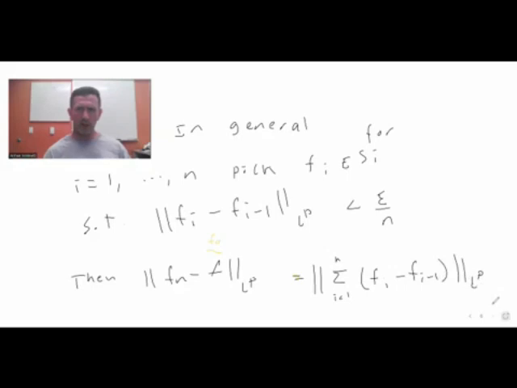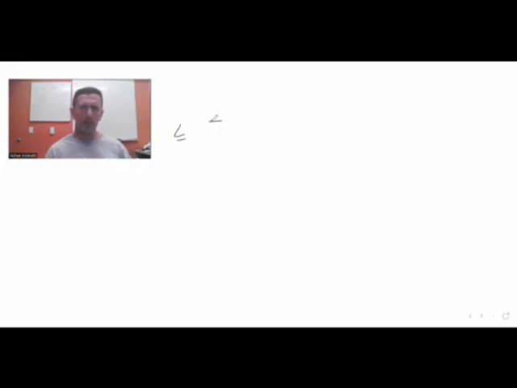By the triangle inequality, really Minkowski's inequality, it is less than or equal to the sum, and each one of these is less than epsilon over n. Summing up n times, we get epsilon. So a very, very easy little result, just to make the proof a little cleaner.